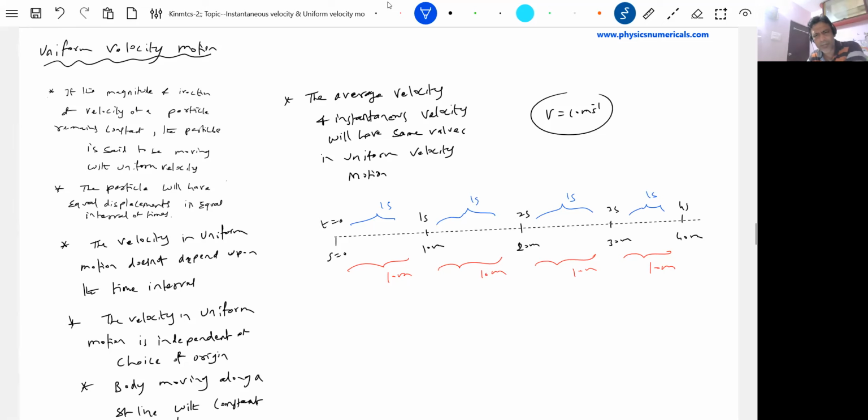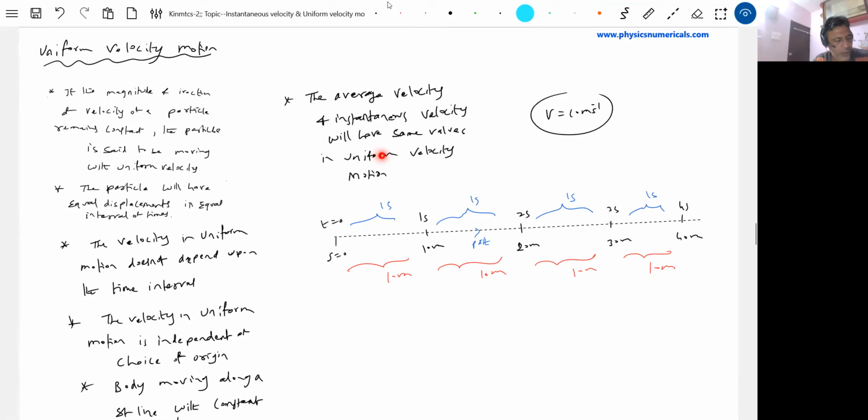Both will be same, no? For 0 to 3 seconds, the displacement is 30 meters. The time taken is 3. Calculate average velocity. It will be again 10 only. So if a body moves along a straight line with a constant speed, then its average velocity and instant velocity will have same values.